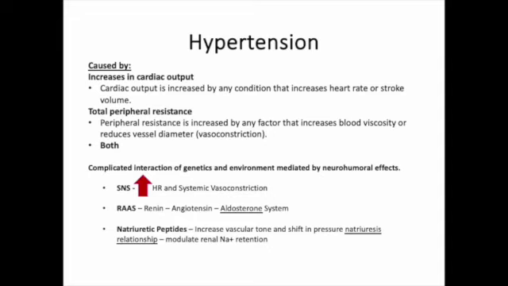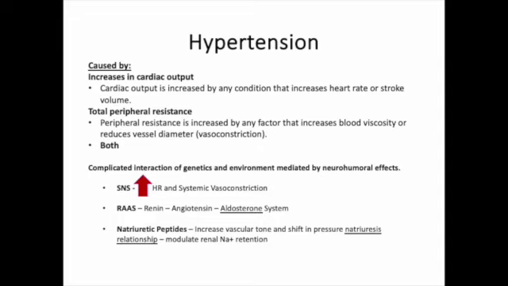Increased vascular tone is equivalent to increased peripheral resistance and blood volume. When we have sustained increases in blood pressure, it's due to vascular tone and blood volume. There are multiple mechanisms that mediate these things.